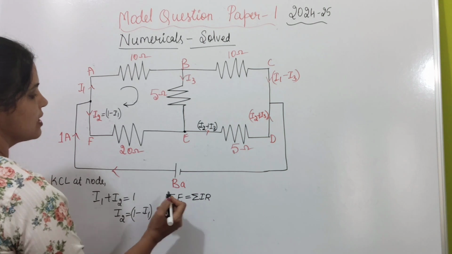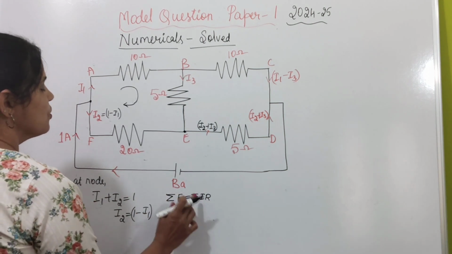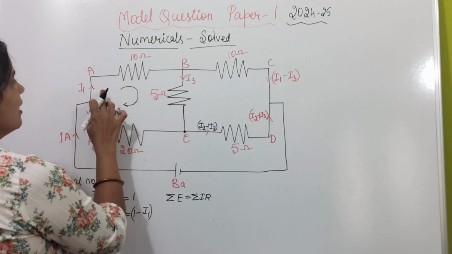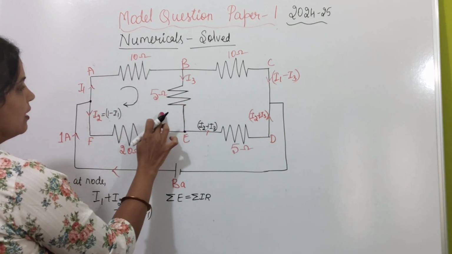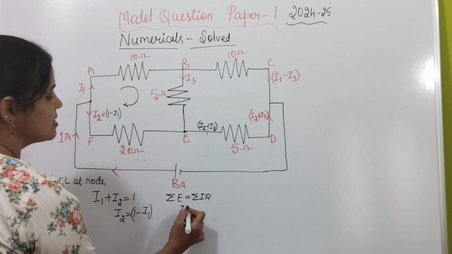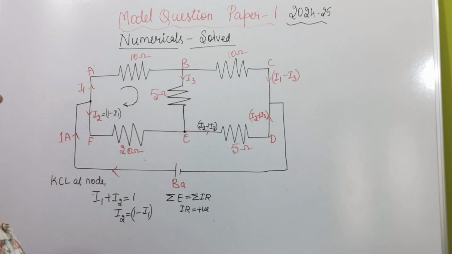Summation IR is equal to summation EMF is called KVL. We need to multiply current and resistance, and when traversing the network, if current is along the same direction, then the IR product is taken as positive. Let us use that rule.